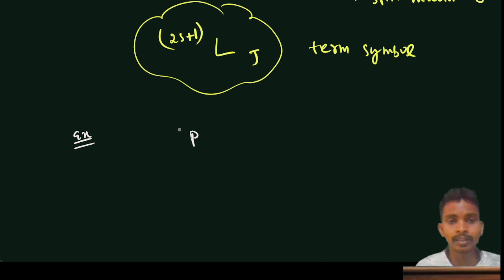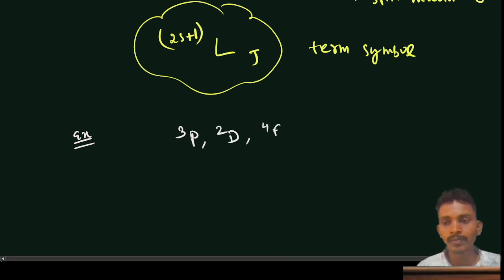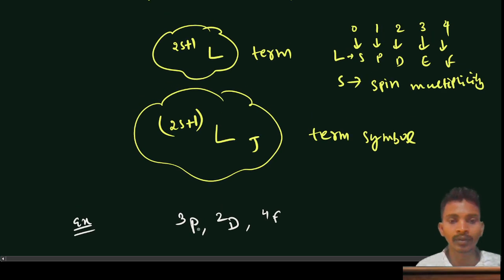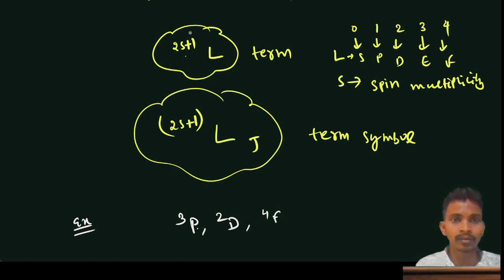So let's say 3P, or D2, or F4. These are the terms. So this is P, this is the L value, and this is the spin multiplicity.